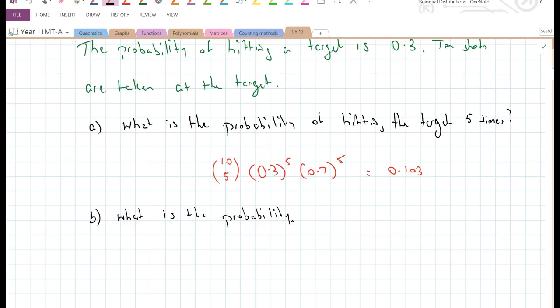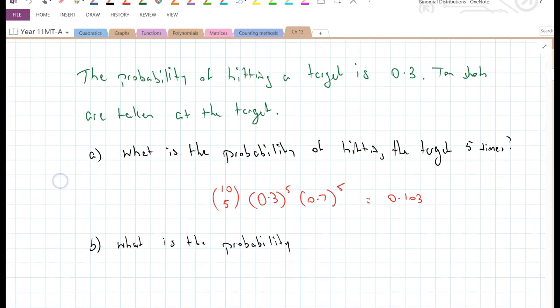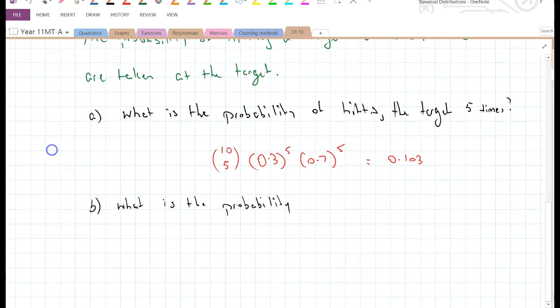So 5, 6, 7, 8, 9, or 10, which would be a great result given that there's only a 0.3 probability of hitting the target. By the way, if 0.3 is our probability and we have 10 shots, we would expect to get the target 3 times. So 3 times would be our greatest probability if we calculated the probability of 3 hits.